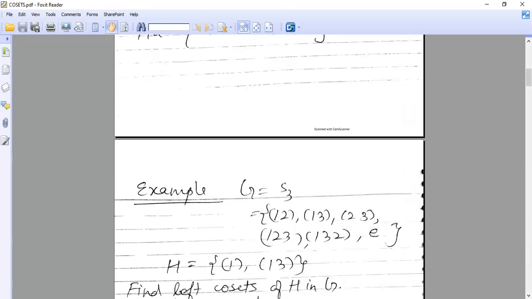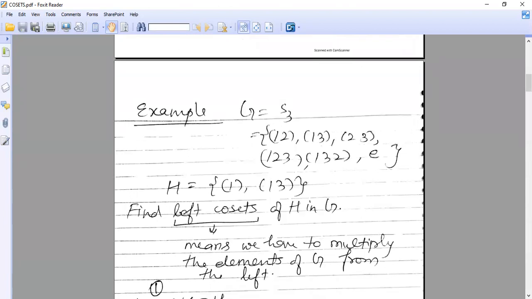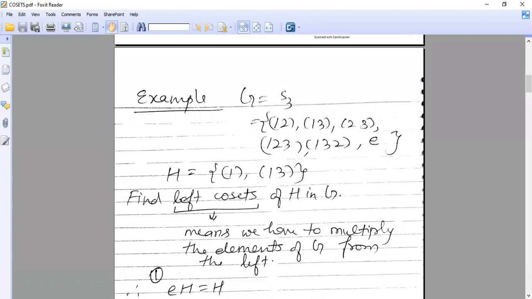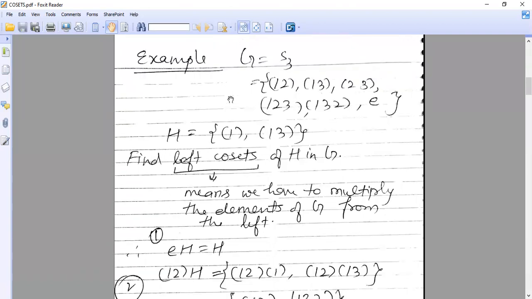So let us see the example. We have taken the example of S3. This is the set of permutations defined on the set with three integers 1, 2, 3. So S3 has 3 factorial elements, that is 6 elements.